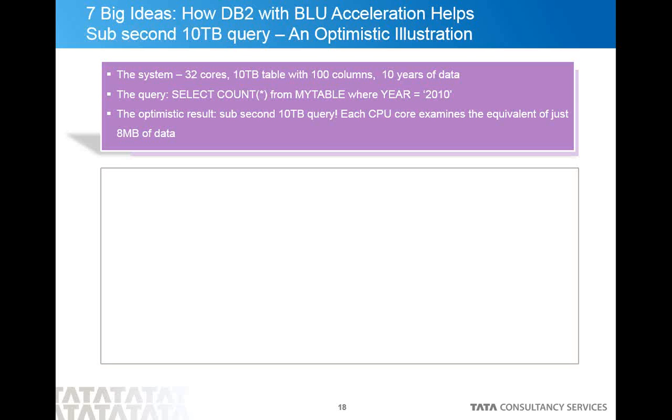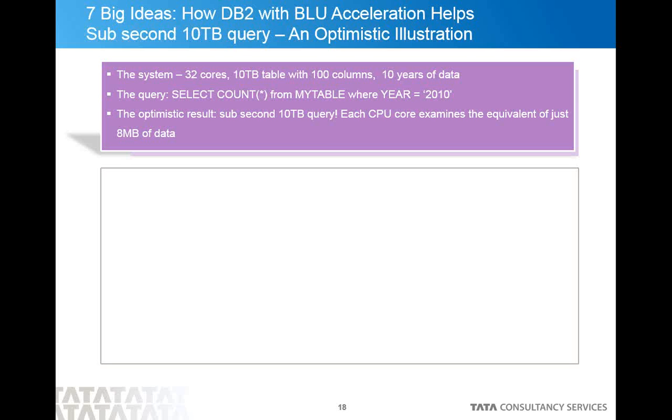Let's take the scenario where we have 32 cores of processor, and we have a 10 terabyte table with a relatively wide number of columns, say 100 columns, and it stores 10 years of data.